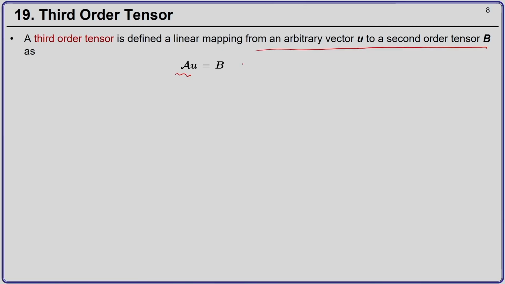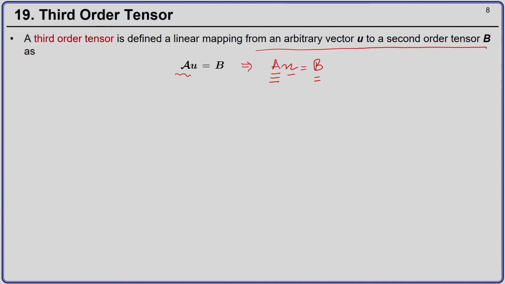Okay. So, when we are writing, we will always write A and then we will put 3 underbars, that is how I prefer. You put 3 underbars to show that it is a third order tensor. So, A u is equal to B.